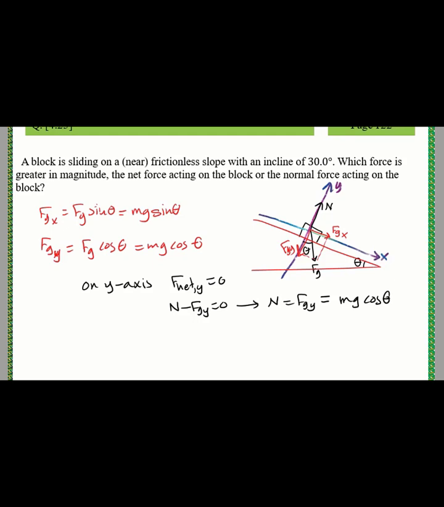Now on the x-axis, we have Fnet in the x-direction equals m times a.